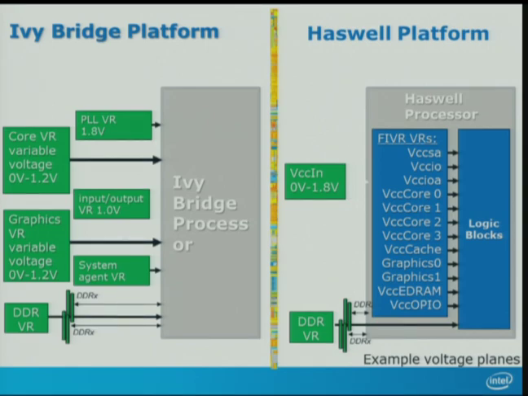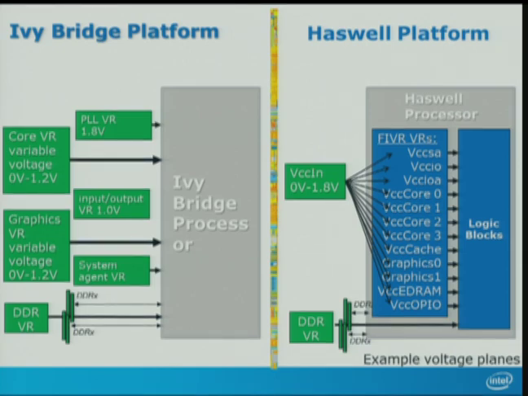In Haswell, what we did is we aggregated all of those into a single external voltage regulator, except for memory. Memory stayed separate. But the four above, we aggregated into a single external voltage regulator. And then we supply one voltage into the chip, and we do the voltage regulation on the package in the die.